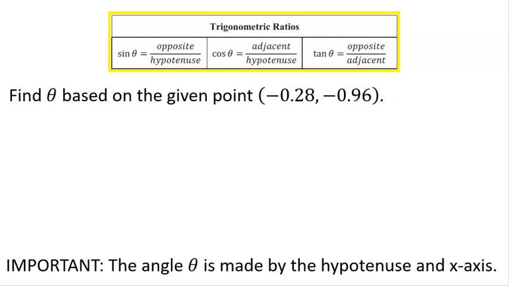And so I'm just going to go ahead and sketch out a coordinate plane, and so this says negative 0.28, so I'm going to imagine that I'm going negative 0.28, and then I'm going down to negative 0.96. And so now I'm going to create a triangle with my x-axis.